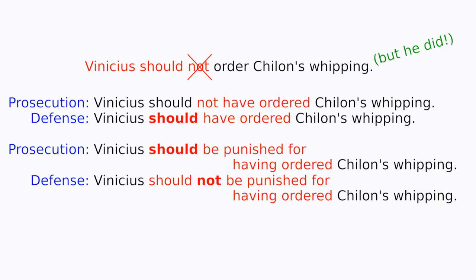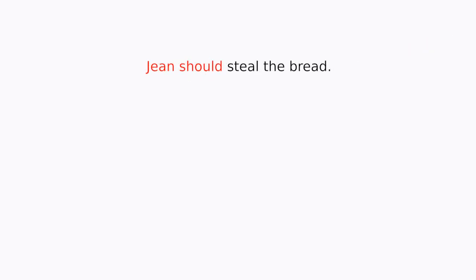Jean Valjean, in Les Miserables, stole a loaf of bread. It got him into the trouble that sets the stage for the saga that ensued. A simple present tense thesis might be, Jean should steal the bread.